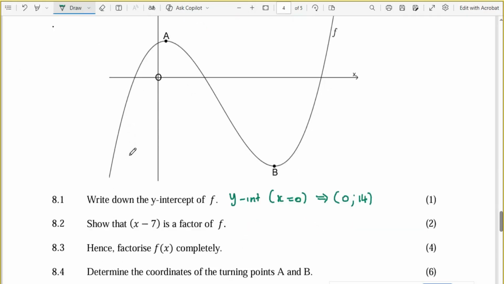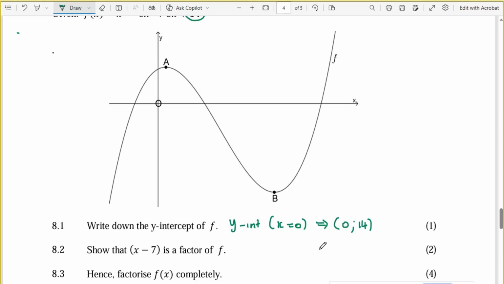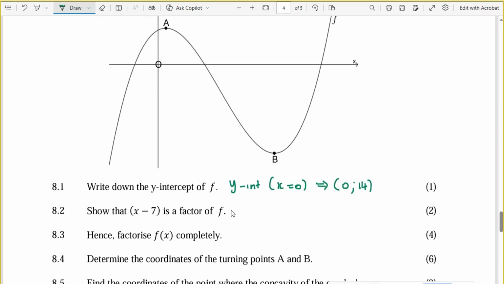Okay, then. Don't waste time on that. And then for the next one, they say show that x minus 7 is a factor of f. Let me explain it like this.